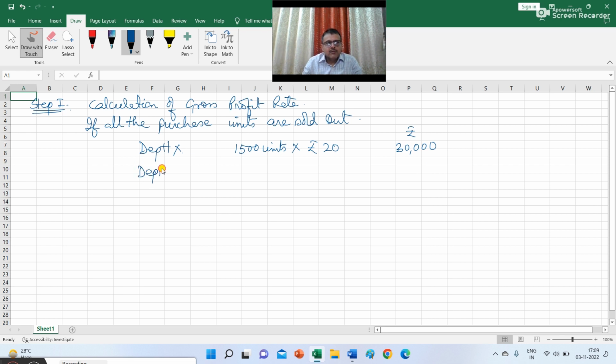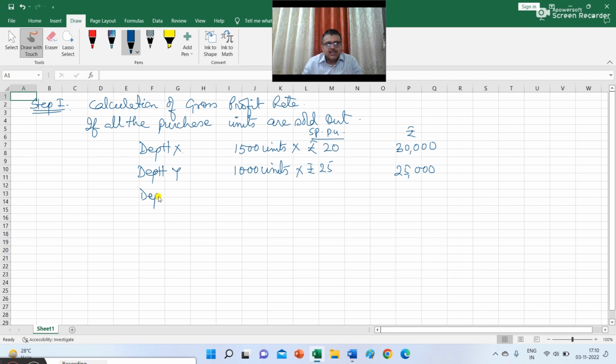Similarly, for Department Y, there were 1000 units of purchase and if we multiply with the selling price per unit of rupees 25 and if the entire units were sold out, then there will be a total collection of 25,000 on account of sales.